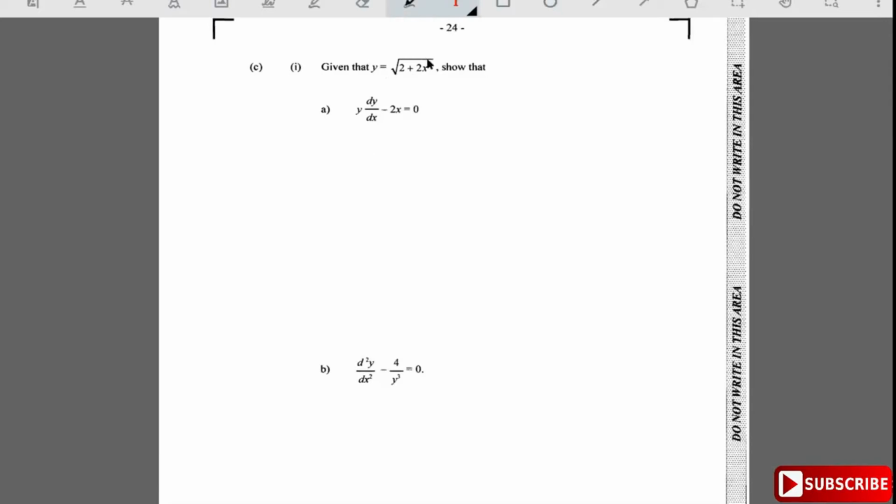So now it tells you that y is equal to the square root of 2 plus 2x squared. You can square both sides to get that y squared is equal to 2 plus 2x squared.